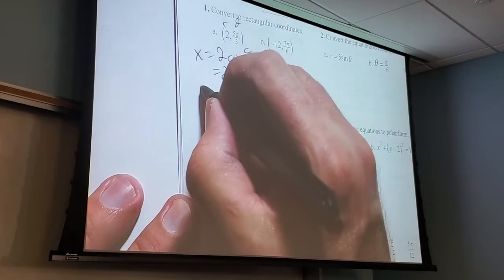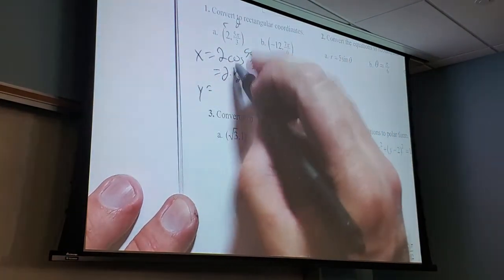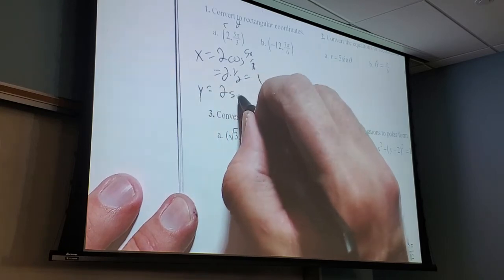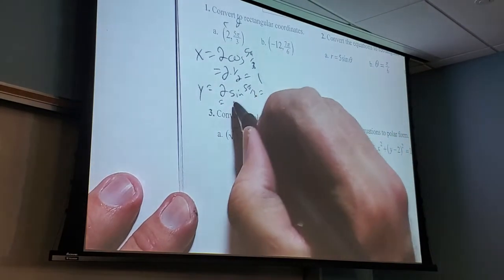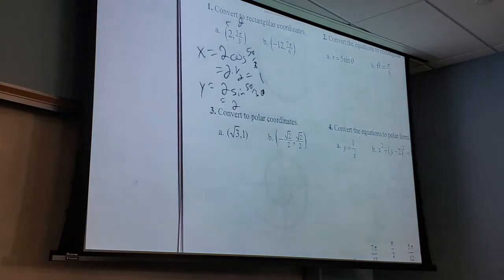And what's y going to be? Two sine 5 pi over 3. And what is sine of 5 pi over 3? Well, we're in the fourth quadrant, right?